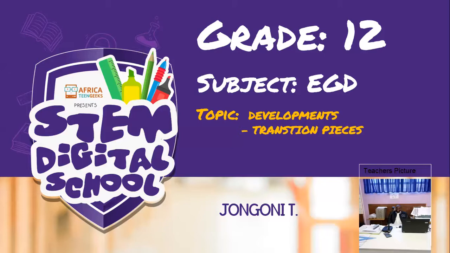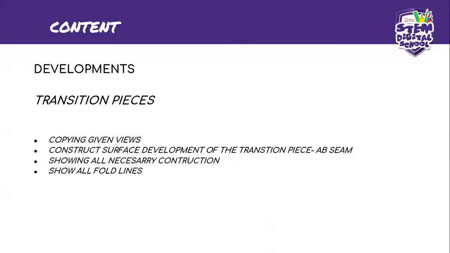Today we want to continue with our discussion on developments, and we are going to focus again on transition pieces. Let me show you what we are going to look at today. Remember, I explained a lot about what transition pieces are. For today, we are going to copy the given views and construct the surface development of the transition piece.